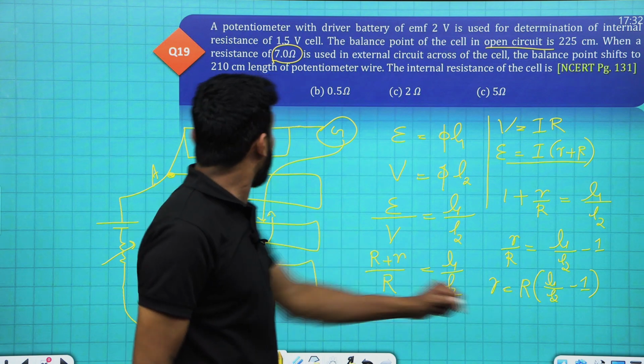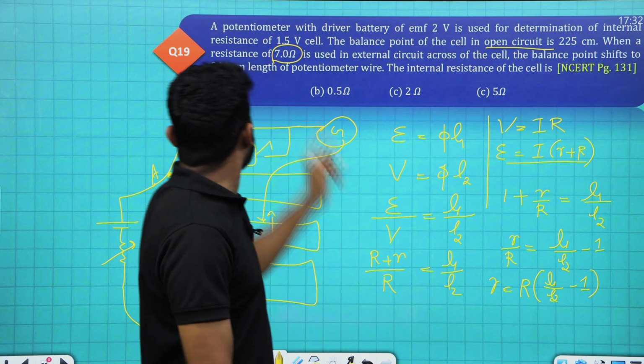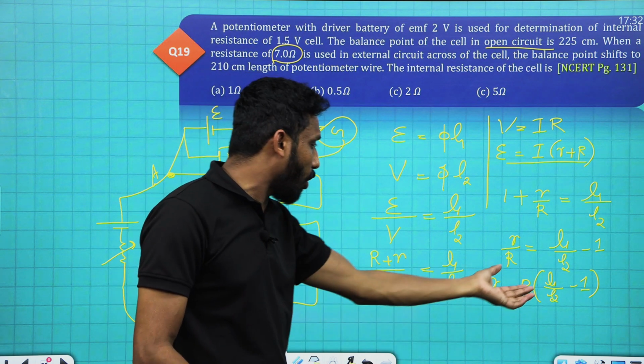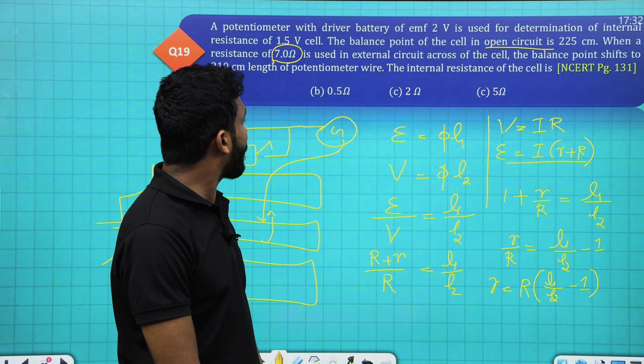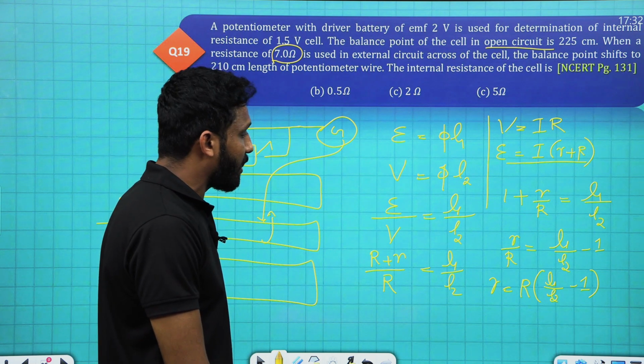Clear? This R is 7 ohm, L1 is 225 centimeter, L2 is 210 centimeter. All the values are given, very direct. We need to calculate the internal resistance of the cell.